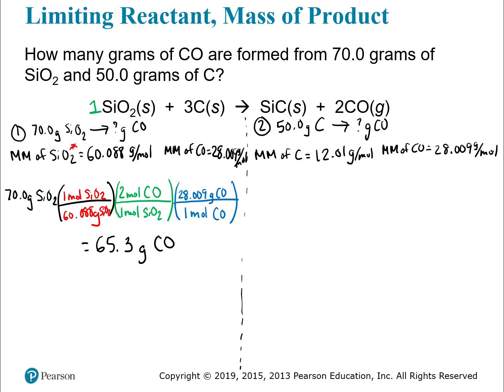So do yourself a favor, like I said earlier. Make sure you label your molar masses. You never know when you'll need them again. We start off the problem with our known, which is 50 grams of carbon. We need to get those grams into moles.